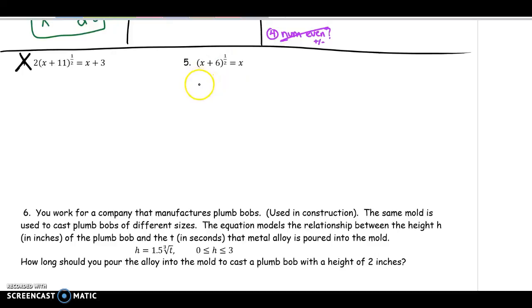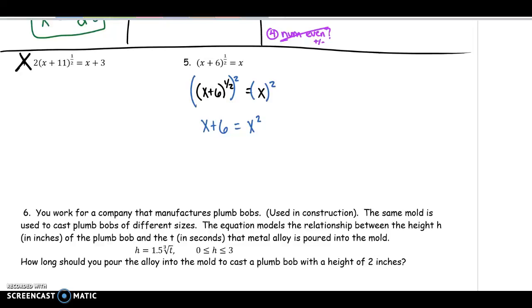Our next step is to raise both sides. So we've got x plus 6 to the 1/2 equals x. We need to raise both sides to the reciprocal of 1/2, which is 2. That will give us x plus 6 equals x squared.